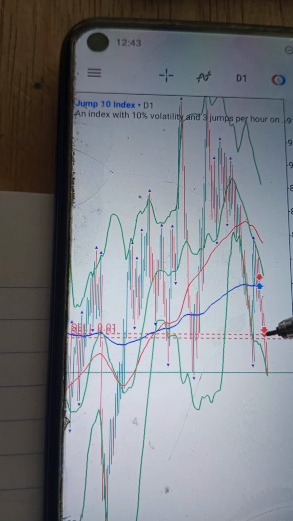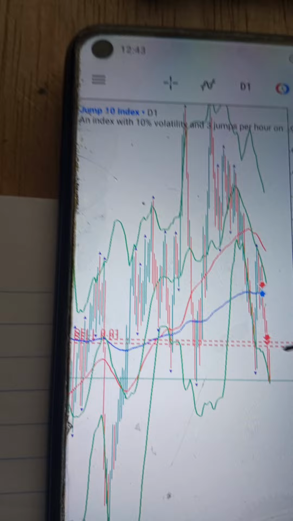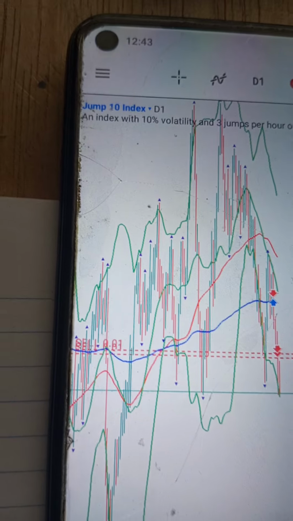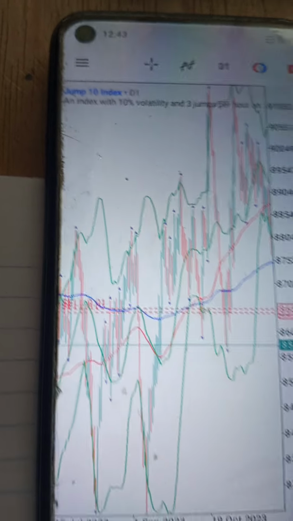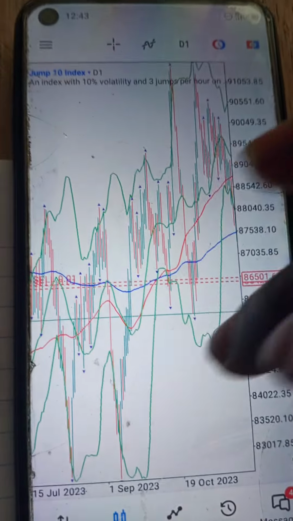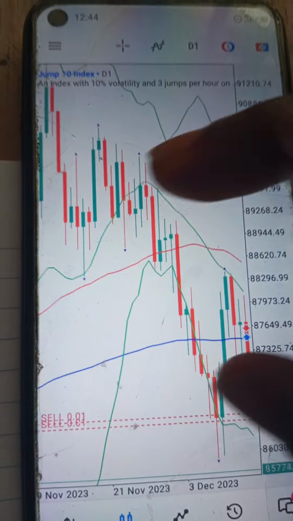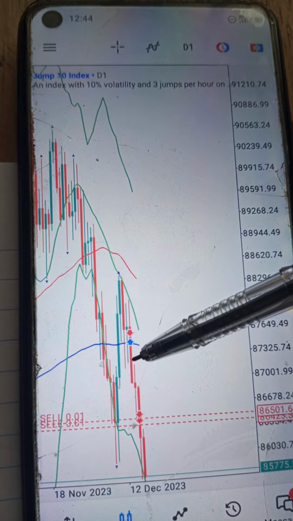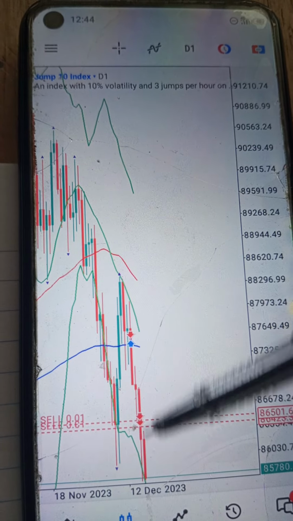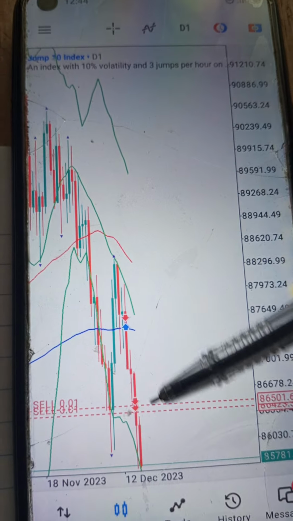Here is where I entered my trade. It's not touching yet. It shows it will still come down more. That's why I entered the trade. As you can see, I just capped the jump because anything can happen in this jump. I just capped from here because all the candlesticks are below. That's why I entered.